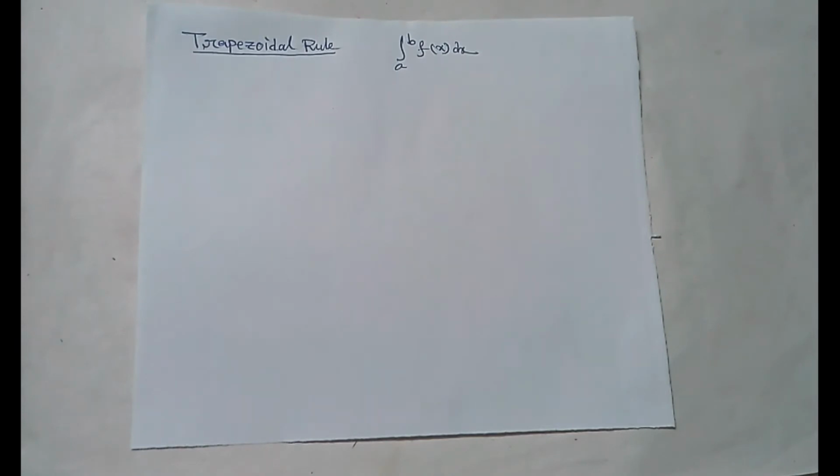In Gauss-Legendre quadrature formula, we break the interval a to b into n equal parts by n plus 1 equidistant arguments. Now the question is, what will happen if we consider only 2 points? That means if we consider only one interval.